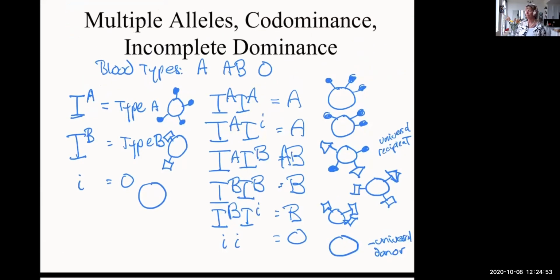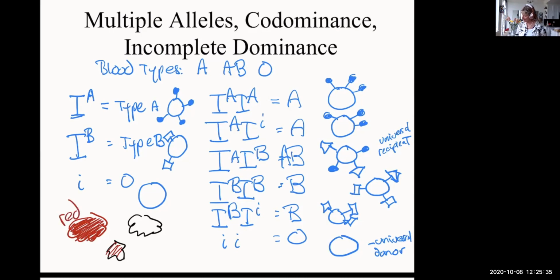Incomplete dominance, I can't think of a human one off the top of my head, but one that's quite interesting that Mendel found is that he crossed red flowers with white flowers. So this is a red flower, it's completely red.